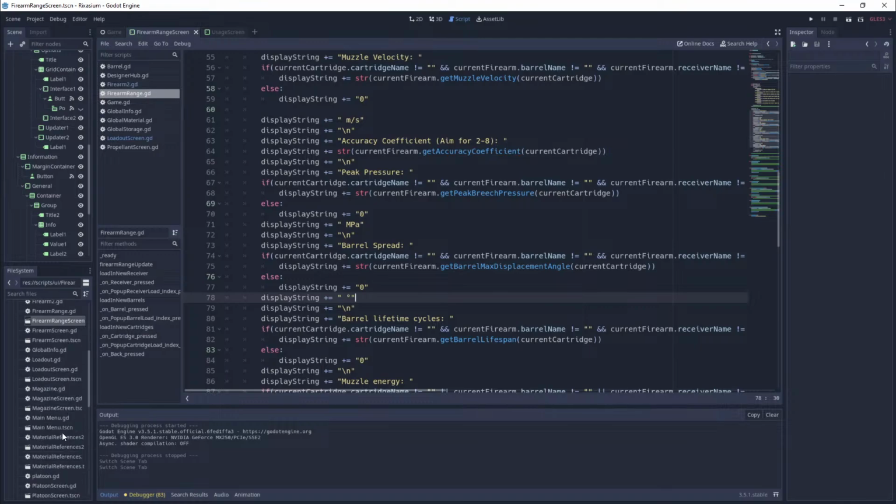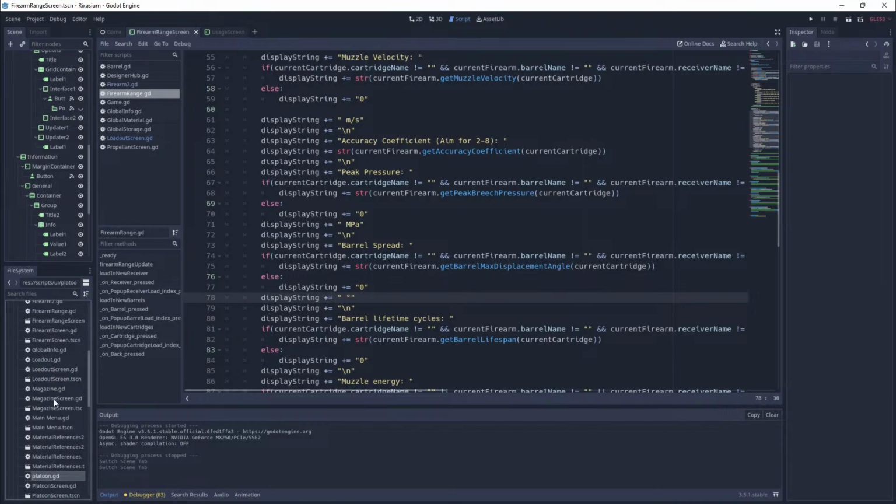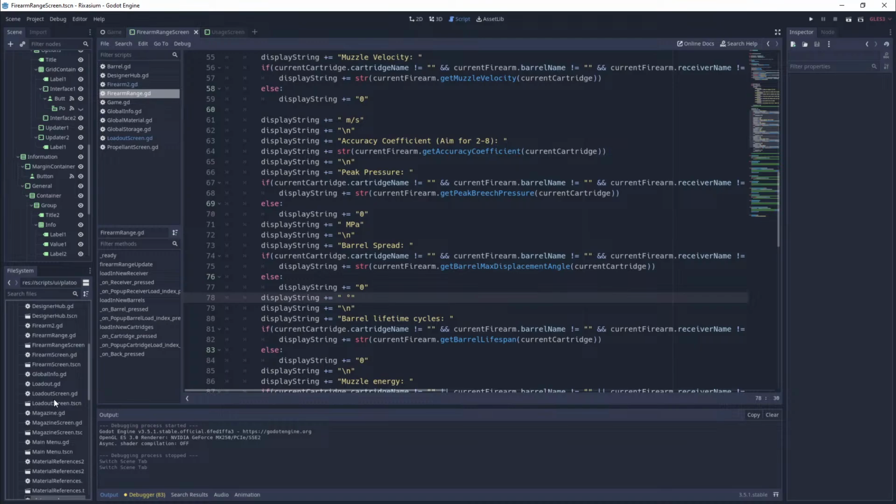Where is my script? I think they're pretty cool. Alright. Unfortunately, you can't design one in Rixas, but maybe in the future. Not a big priority at the moment.